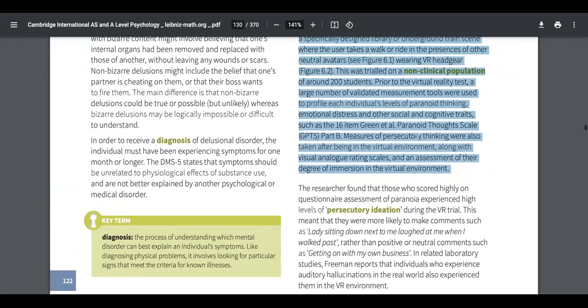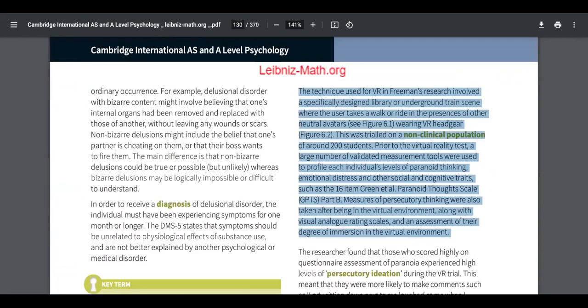A clinical population would be a group of people who have bipolar disorder. They have the same disorder and the same symptoms. But a non-clinical population is more of your normal population. There is no specific target for them. They're just general, random people. So that's 200 of those.